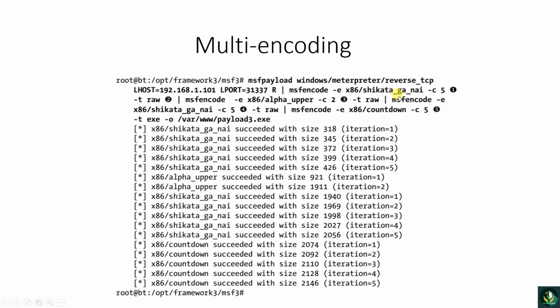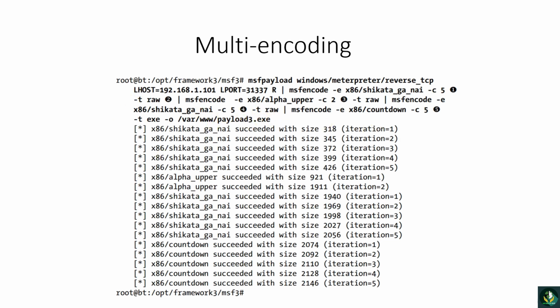It goes into 2 counts of alpha upper, which then feeds another 5 counts of Shikata Ga Nai, followed by 5 counts of countdown, before finally directing the output to the desired executable format.